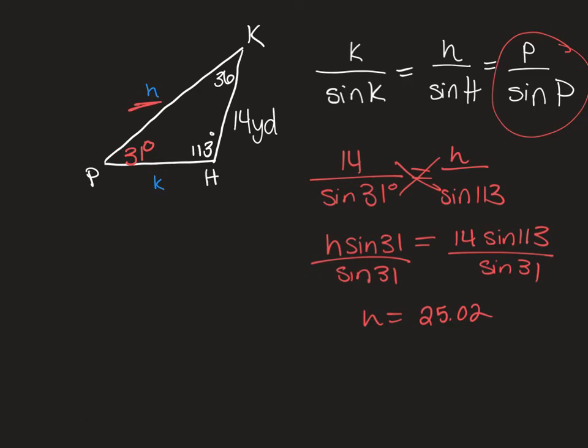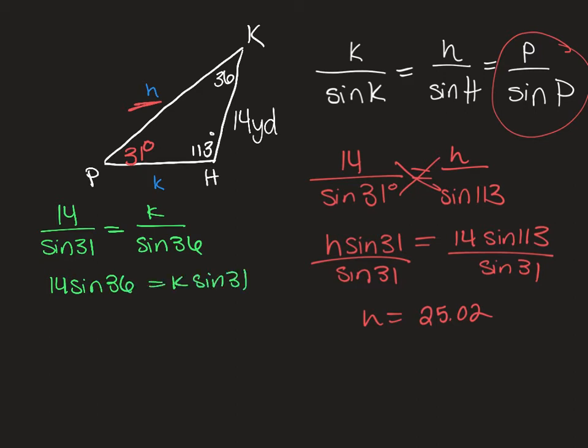To find the last side, we're going to do that again, basically. So for this one, we're going to have 14 over the sine of 31 again. But this time, we're going to be solving for side k. So we're going to have k over the sine of 36. So 14 sine 36 equals k sine 31.